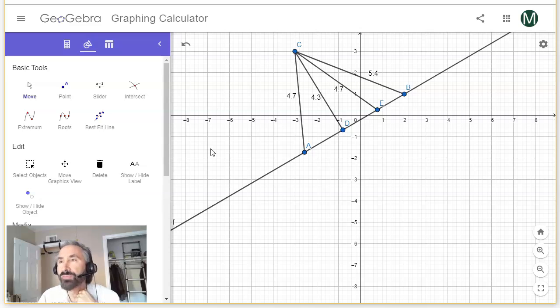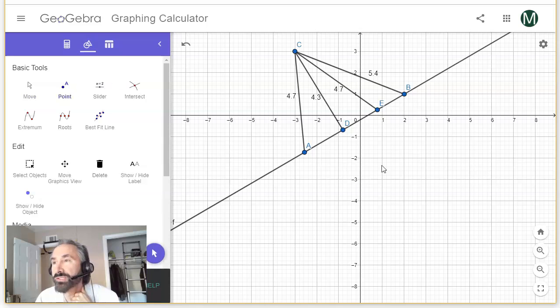Now some of you are saying, well, Pythagorean theorem on what? You know, look, here's a leg, here's a hypotenuse, right? Well, no, that's not how we do Pythagorean theorem when we're dealing with points in space.